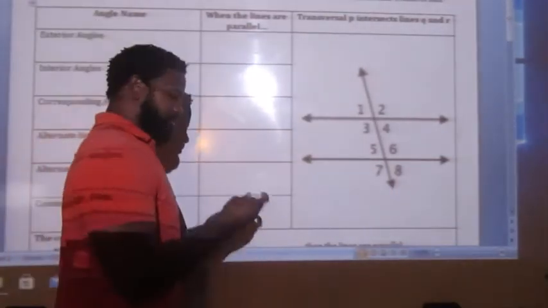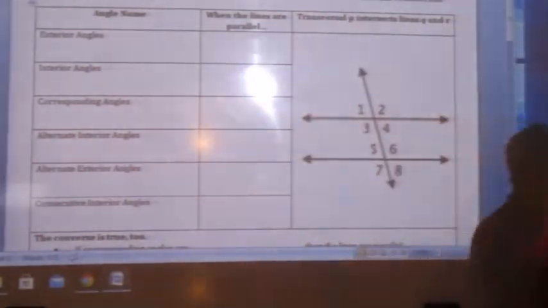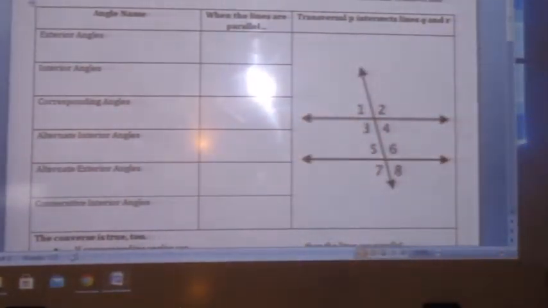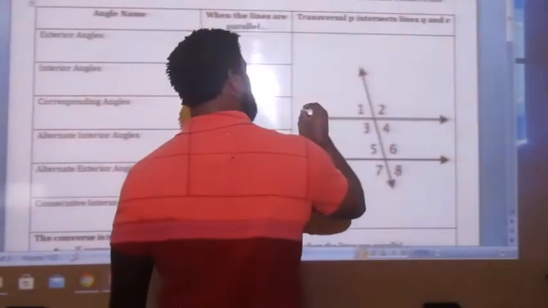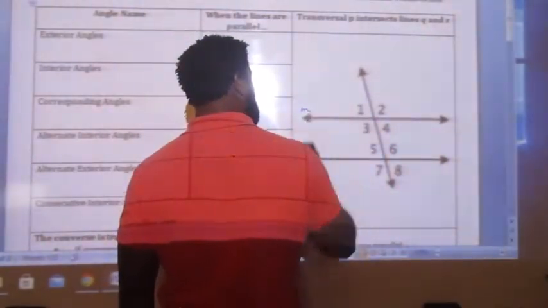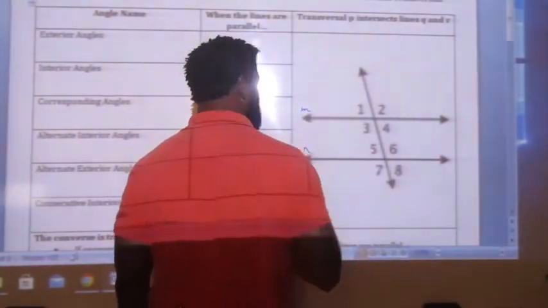Let me use different colors here. Let's call these parallel lines M and N, okay?